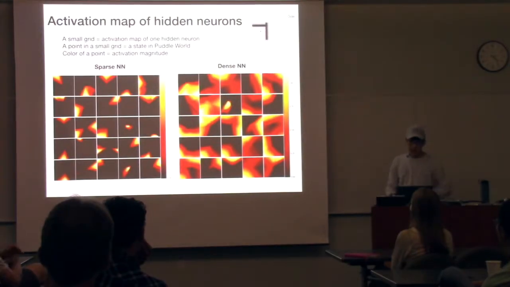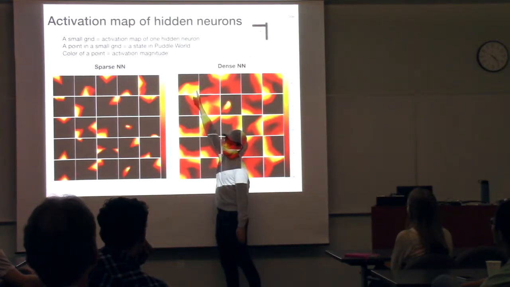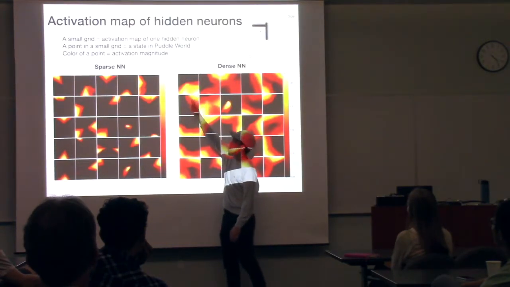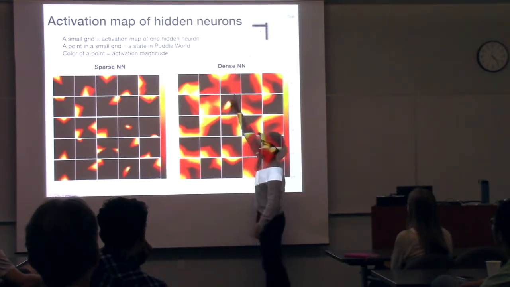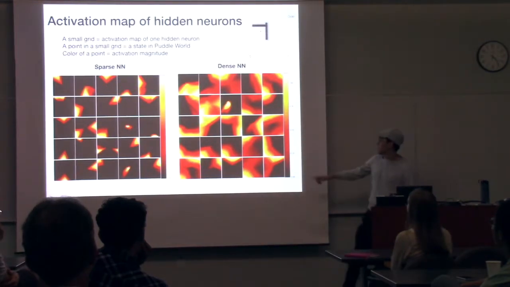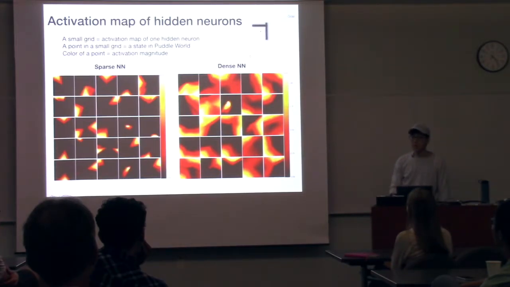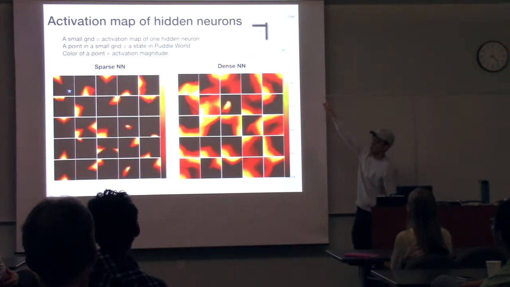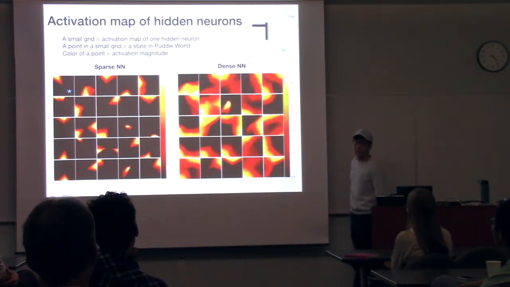So I plot the activation map of each hidden neuron. One small grid square here is the activation map for one hidden unit. This is the map for the first hidden unit, this is the map for the second unit, the map for the third unit, and so on. One point in this square corresponds to one point in the puddle world domain. So this point here is a state in this puddle world domain, and one square corresponds to the whole puddle world domain.